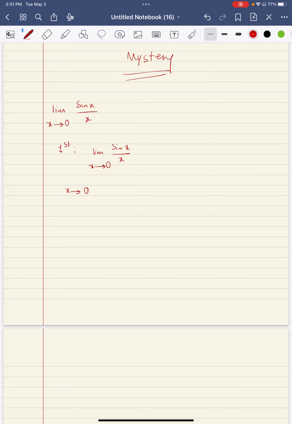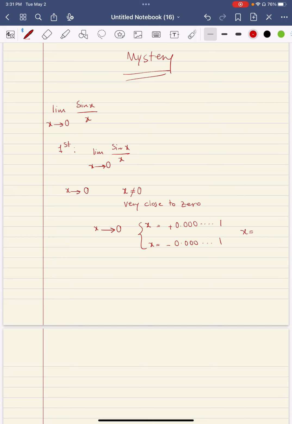It basically means that your x's are not exactly 0, but they are very close to 0. So x adjacent to 0 can be either of these cases. It can be a positive value like this, or a negative value like that, right?